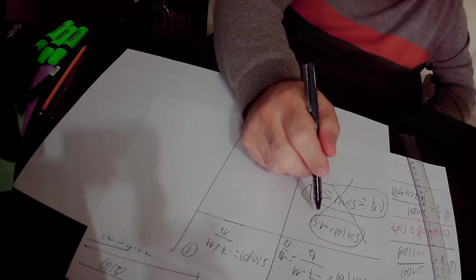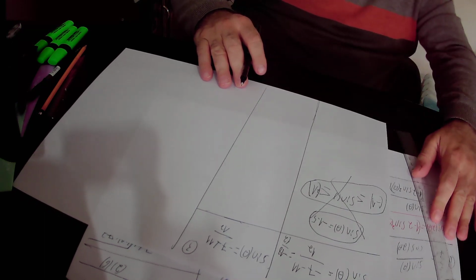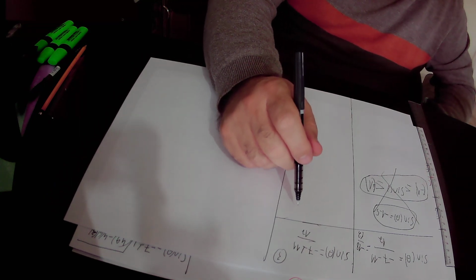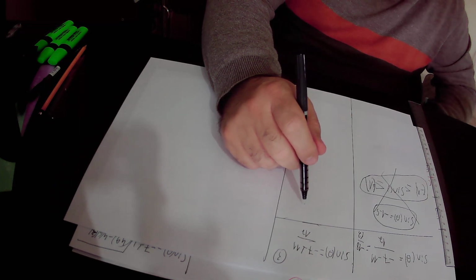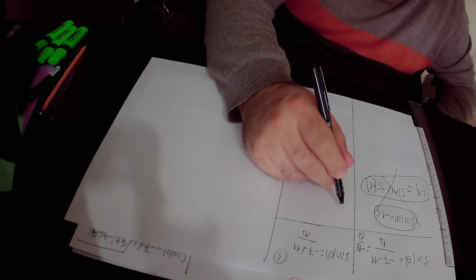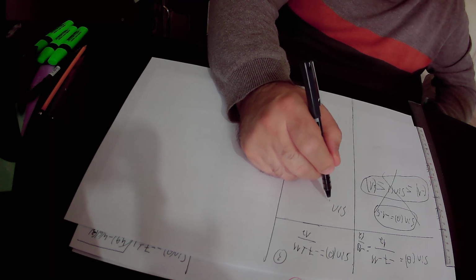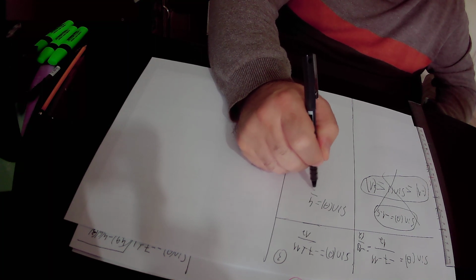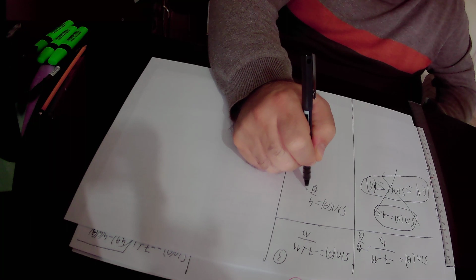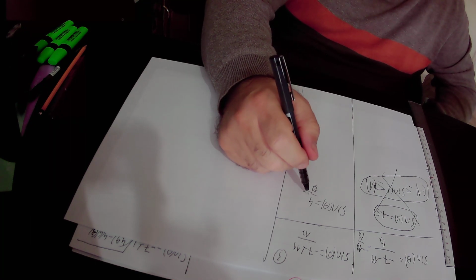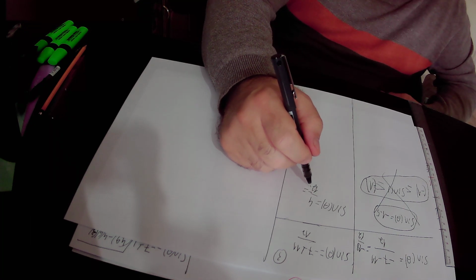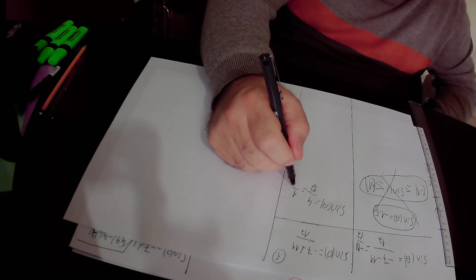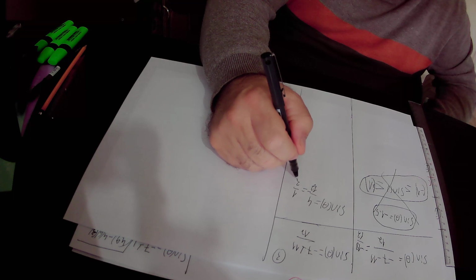We'll cancel this solution and we will be left only with the solution that sine theta equals minus 7 plus 11 over 12. Minus 7 plus 11 is 4 over 12. Here we will divide both the numerator and the denominator by 4 and we'll get that 4 over 4 is 1 and 12 over 4 is 3.